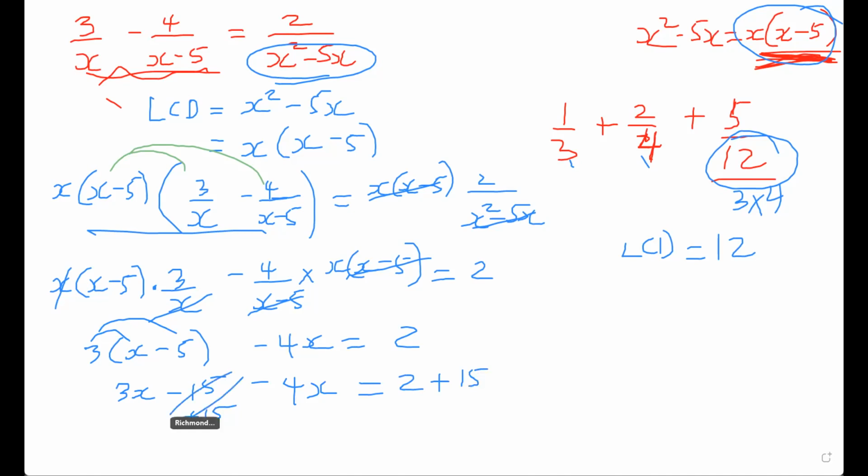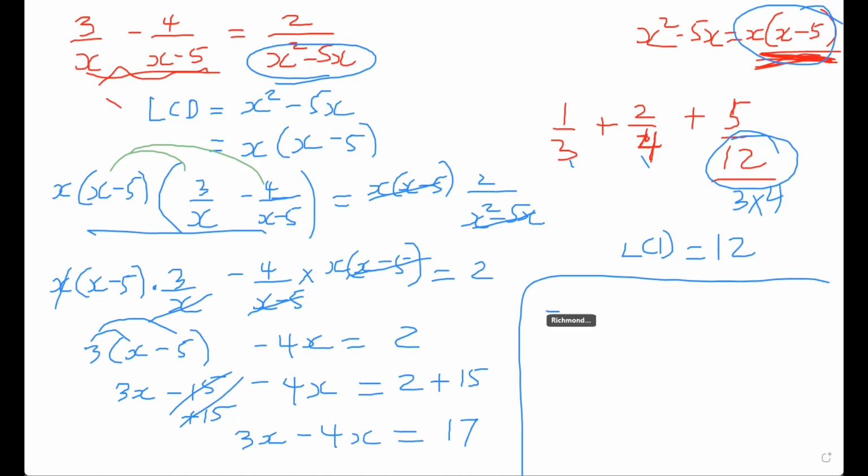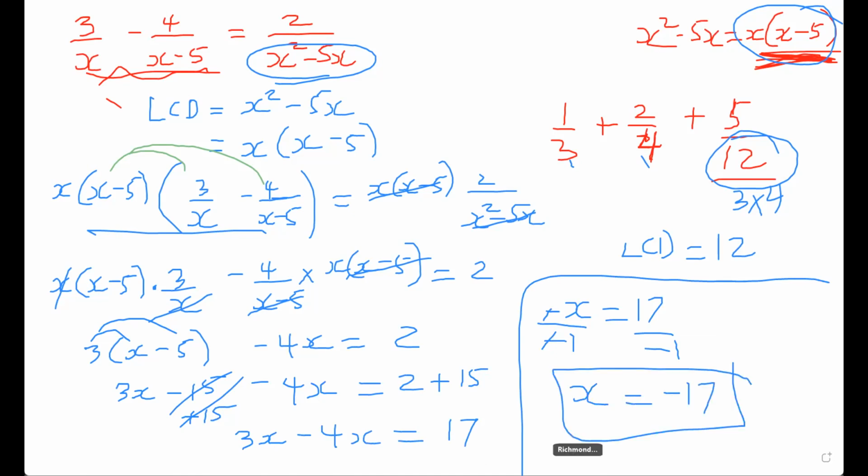I have 3x minus 4x equals 17. So negative x equals 17. Now I'm trying to solve for x and not negative x. So I divide by negative 1. Then I have x over 1, which is x equals negative 17. And that's what I have.